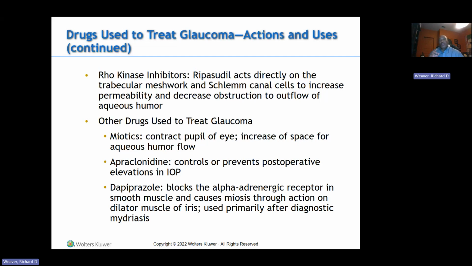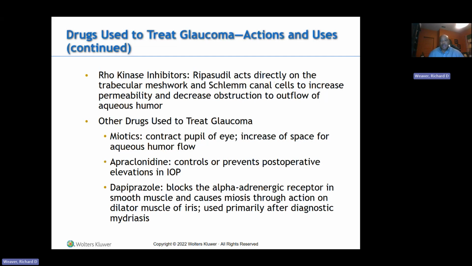Remember, when the eyes dilate, that angle we talked about is more narrow, but when they're constricted, it makes more room for adequate flow of the aqueous humor. Now, the miotics were for many years the drug of choice for glaucoma.